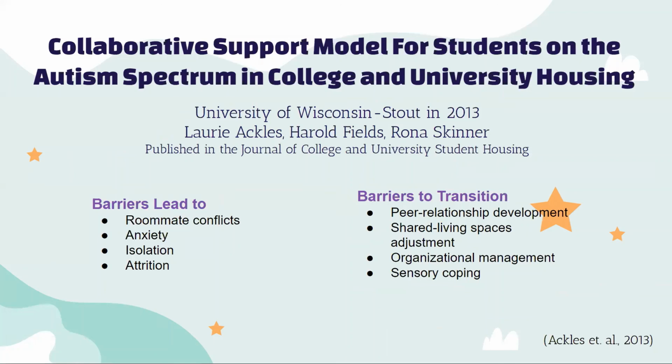According to this model, some communication barriers for students with ASD transitioning to campus housing are difficulty developing peer relationships, difficulty adjusting to shared living spaces, difficulty managing the organizational aspects of independent living, and difficulty coping with complex sensory issues. Complications can lead to roommate conflicts, anxiety, social and physical isolation, and student attrition.